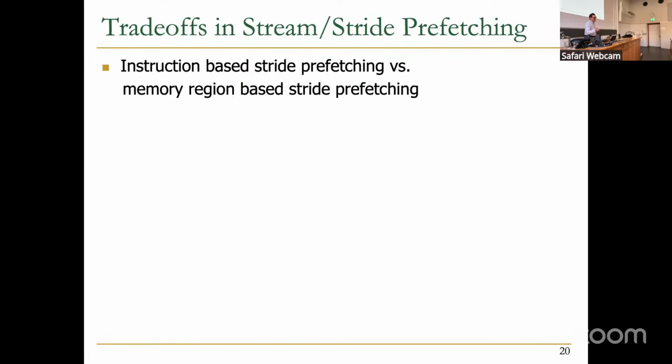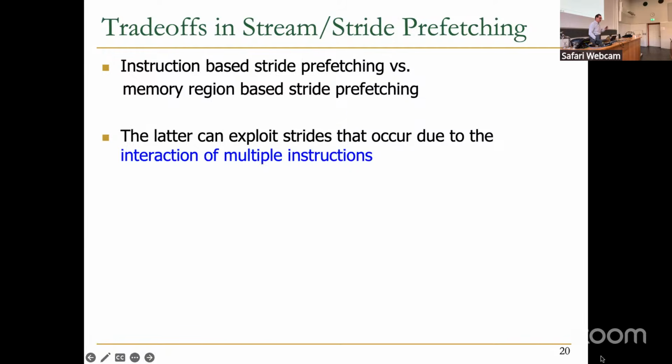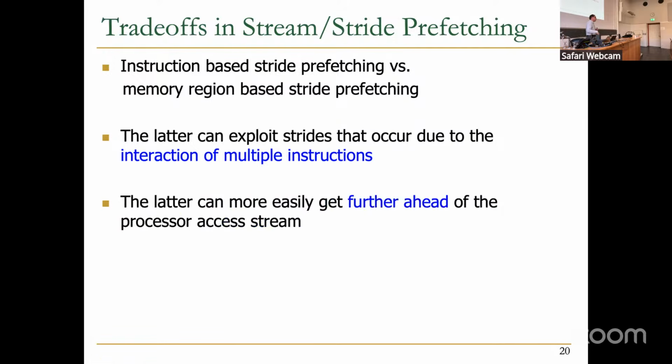Okay, so basically there are trade-offs in all of these decisions. We cannot cover every single trade-off clearly for these prefetchers, but as I've already told you, the latter, meaning the memory region-based stride prefetching, can exploit strides that occur due to multiple instructions. The latter can more easily get ahead of the demand access stream, although you still need to be careful. You still need to try to get ahead. There's no need for some look-ahead program counter, although you could eliminate the look-ahead program counter.